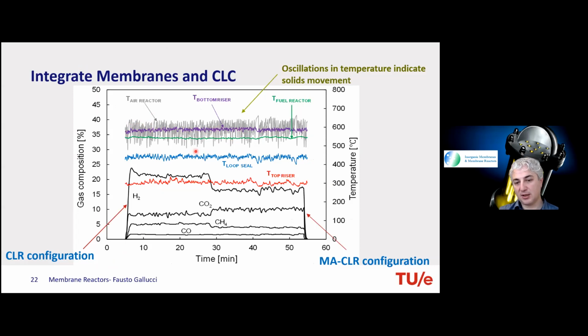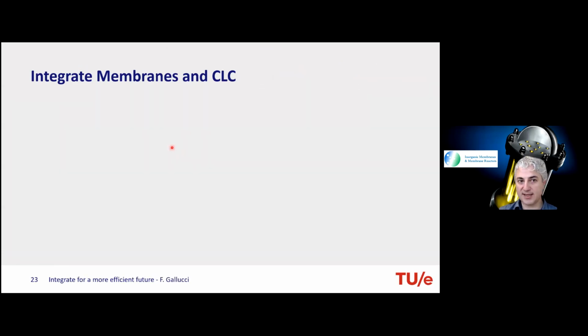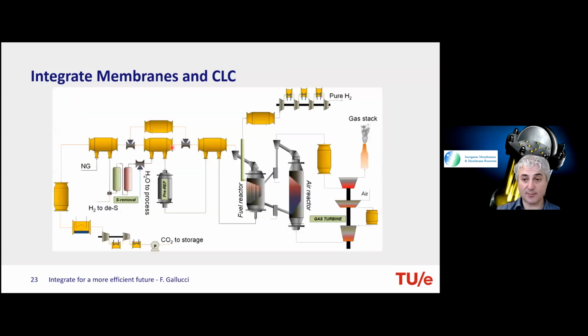And of course, you use the experiment for 2 reasons. One, to prove the concept. The other one, also to get the data for your model. And then once you have the data, you can integrate, make the design and make a process design. And when you make a new reactor, as I told you, it looks always nice.